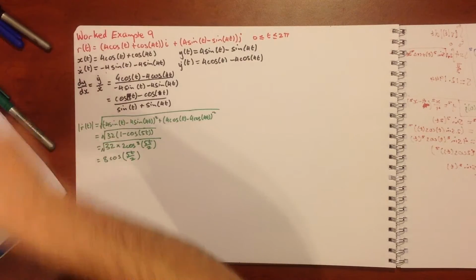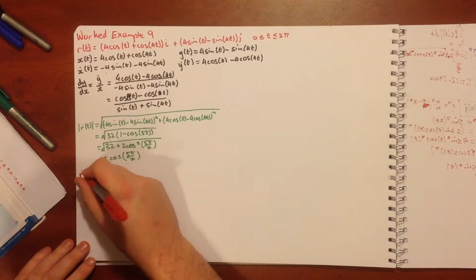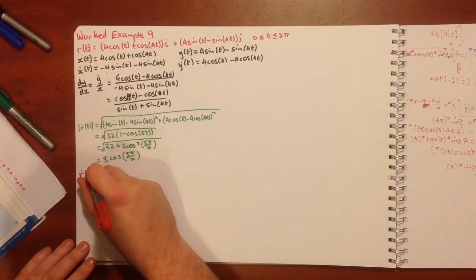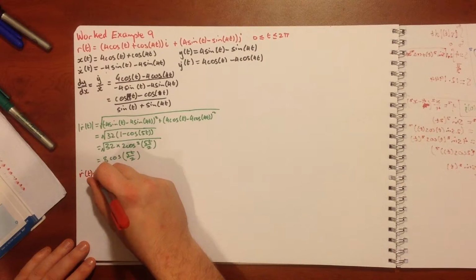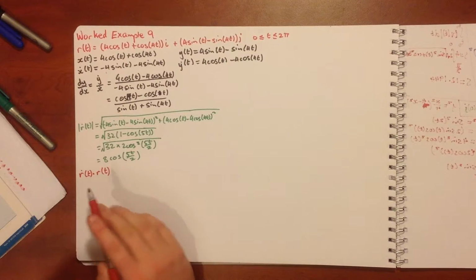For part C, we need to find r dot of t dot r of t. So what that means is we need to multiply our x dot.